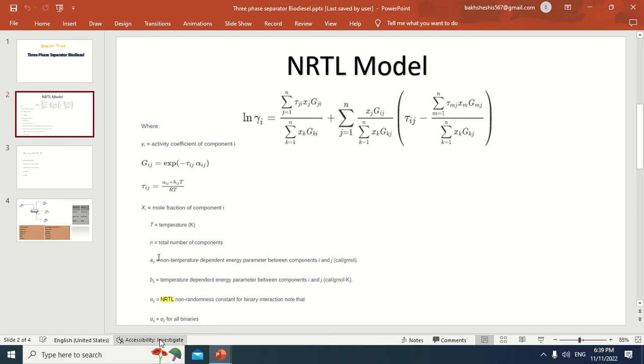Note that alpha IJ equals alpha JI for all binaries.